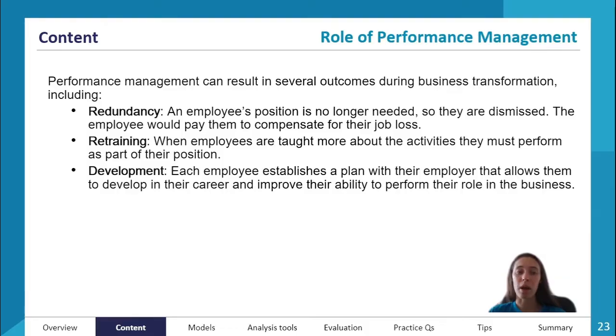It's going to be about those skills and learning how to do those activities as part of their position. Development is more of a one-on-one thing with the employer. It's about the individual employee having that plan so they can develop in their career.